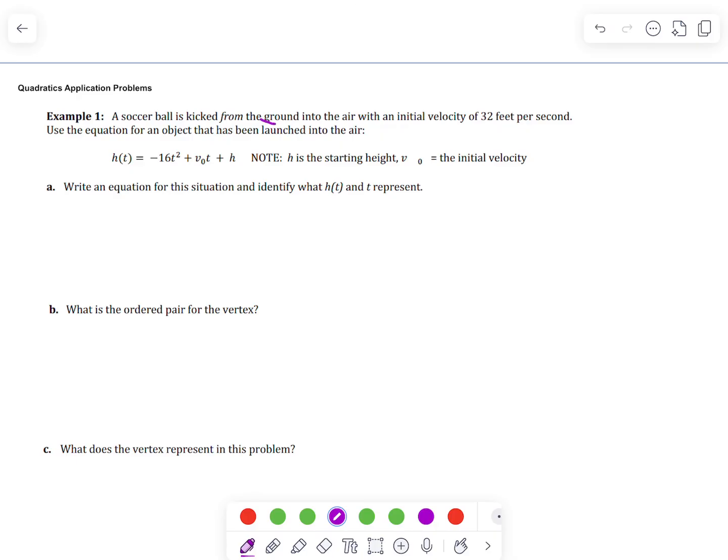So our starting point is going to be the ground, so our height is going to be 0. And then we have our initial velocity of 32 feet per second, so our v0 will be 32 feet per second. When we write our equation, this will be the equation that we're going to use.